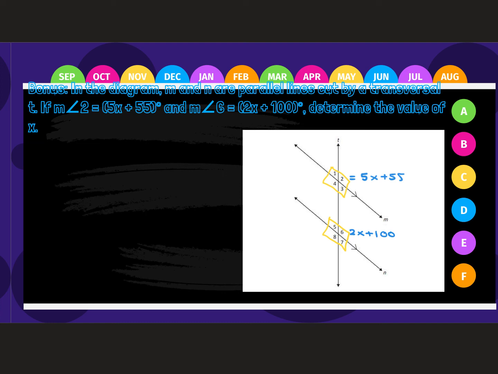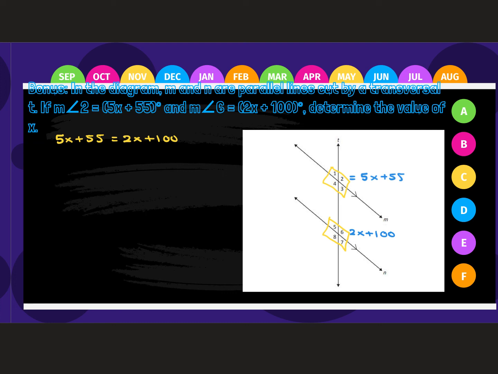Based on that, we know that those angle measures are equal to each other. So we have 5x plus 55 is equal to 2x plus 100. Now I want you to pause the video and tell me the value of x.